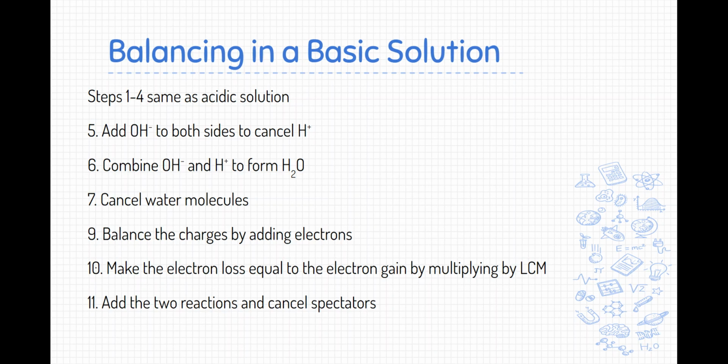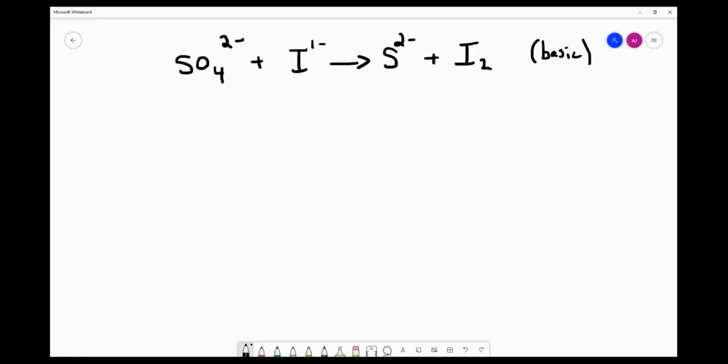This is an algorithm that will lead us to a balanced chemical equation. So take a moment, pause this slide, and copy down these steps. When you're ready, you can go over to the whiteboard and go through an example of balancing in a basic solution.